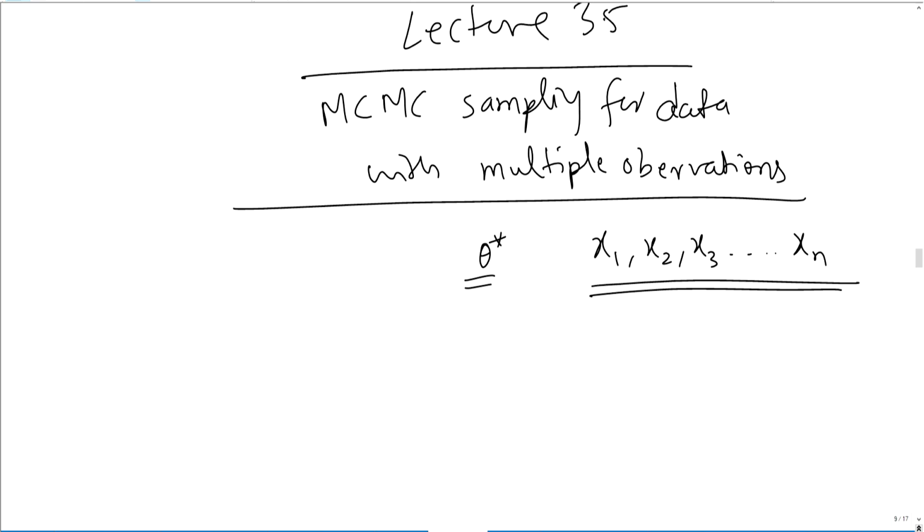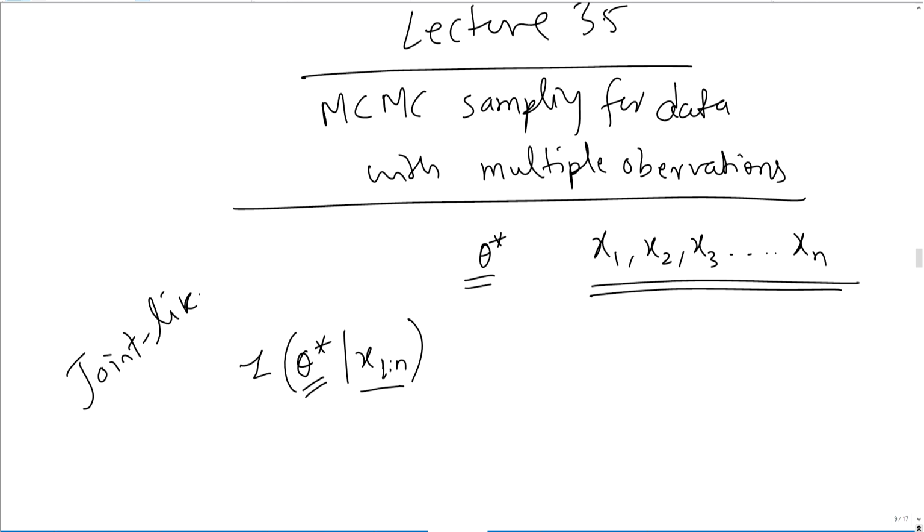My goal is to calculate the joint likelihood of theta star given all these observations. So what is the likelihood of joint occurrence of all these data points x1 to xn when the parameter value is theta star? What is the likelihood that this parameter theta star would generate jointly all these observations? So we want to calculate the joint likelihood of theta star.